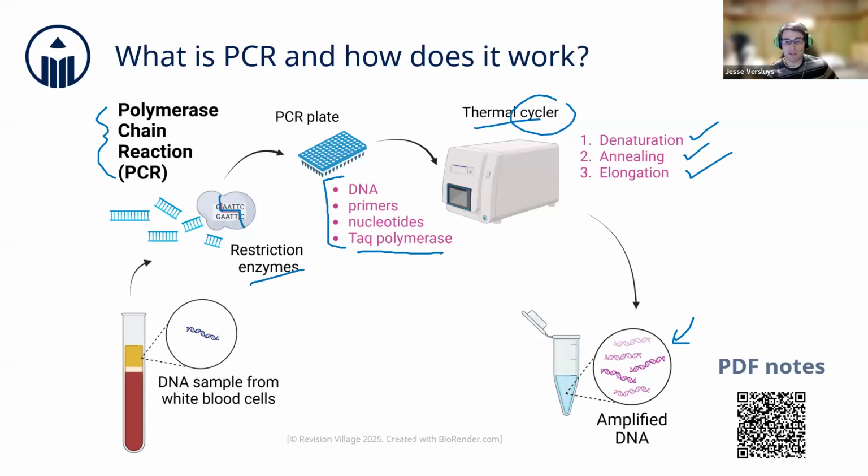And so if that happens a few dozen times, we end up with billions of copies of the DNA that we're interested in. So a very small sample of DNA from, let's say, a fossil or a blood sample or something like that can produce a lot of DNA. And that's going to produce better results when we actually analyze it and try and compare it to other samples. So that's the basics of how this works. We're going to look at the process in a little more detail in a second.